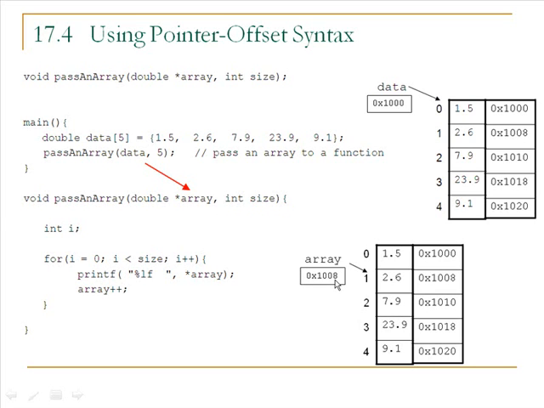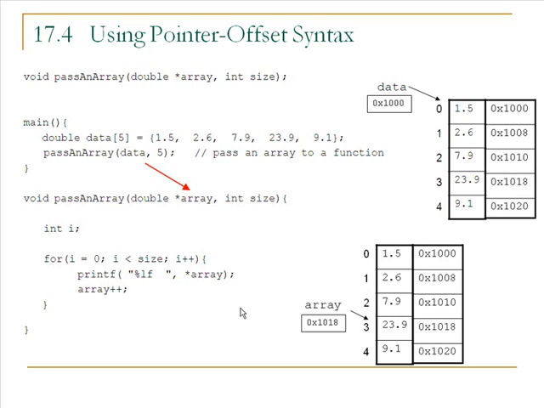And that moves you, because there are 8 bytes in a double, to the next element in the array. So the second time through this loop, when we print out what's pointed to by array, we're going to print out 2.6, and add 1 to array using pointer arithmetic.